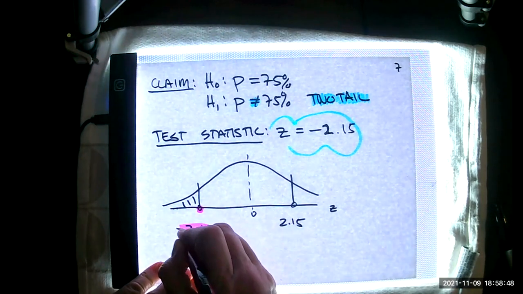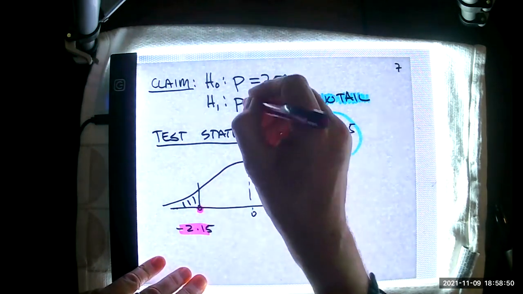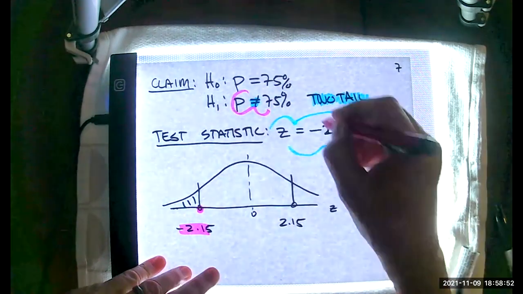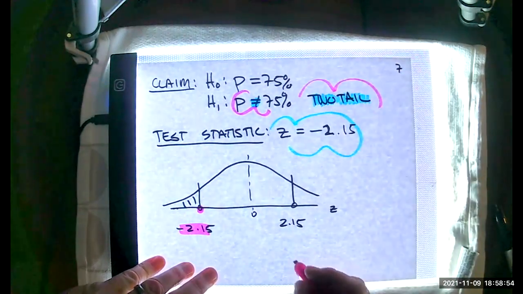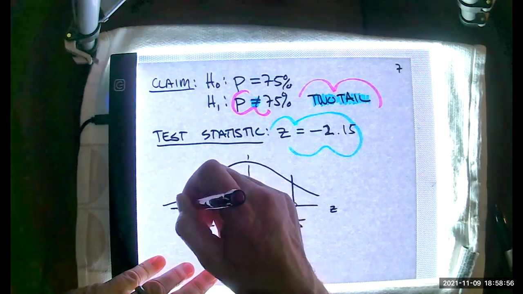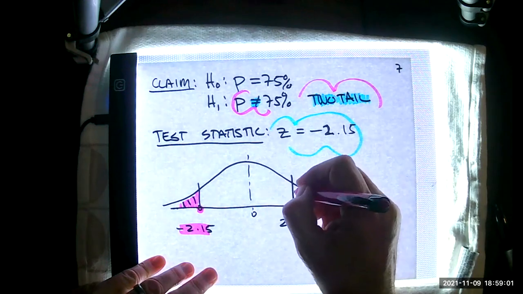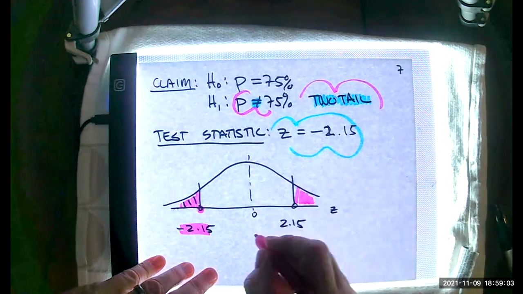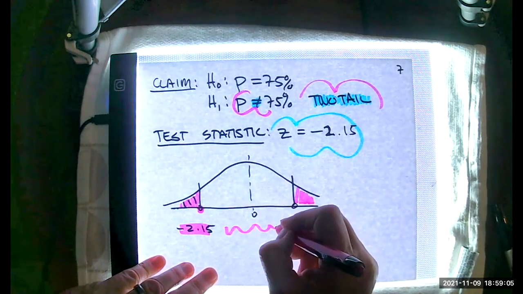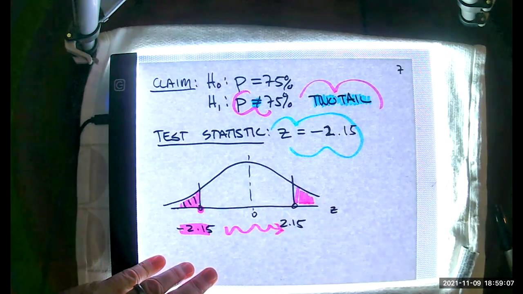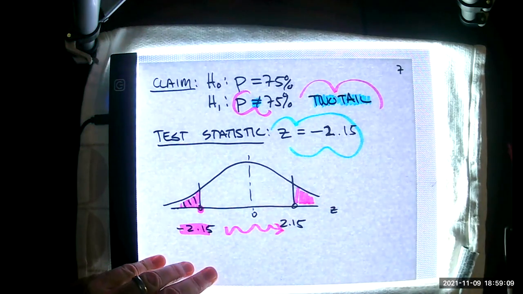You'll notice that this test statistic is a negative 2.15. Now, because I've got a two-tail test, the area I consider is not just that area, it's also this area too. So I have to double up on my area.